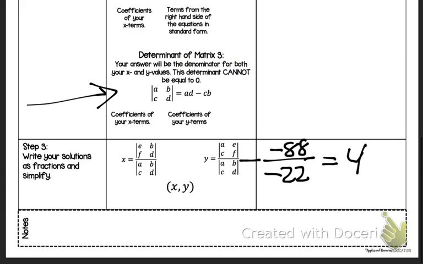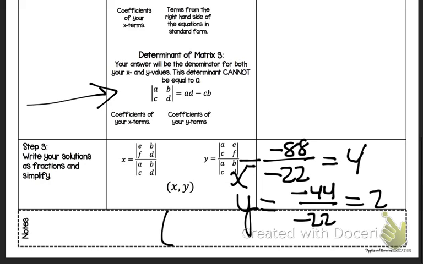To get y, we divide the y determinant by the negative 22. So y was negative 44 divided by negative 22 gives us positive 2. So our point is 4, 2. Okay, so that'd be the solution of that equation.